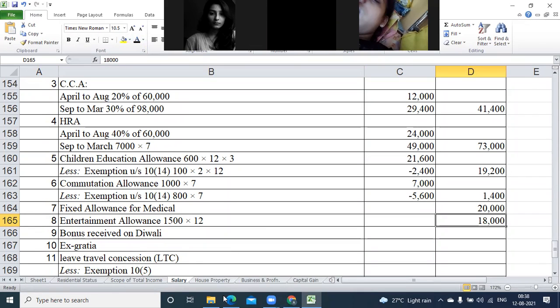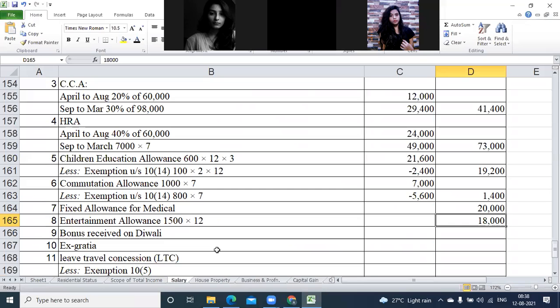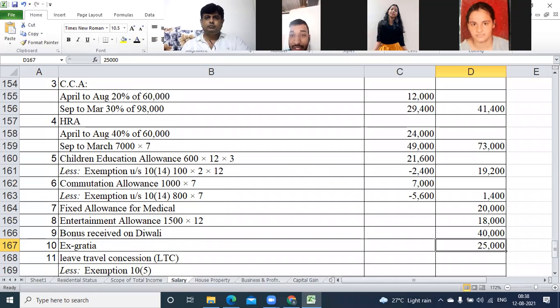Okay. Bonus for Diwali, 40,000. Ex gratia, 25,000. These all are taxable. The bonus, 40,000 is taxable. Ex gratia, 25,000 will be taxable. Till here it is clear. Yes, sir. Done.